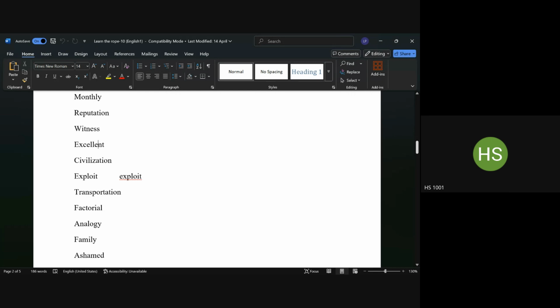Monthly has an ly suffix. All these suffixes usually automatically have the stress on the first syllable. So er, or, ly, and y. All of these suffixes take the stress on the first syllable.